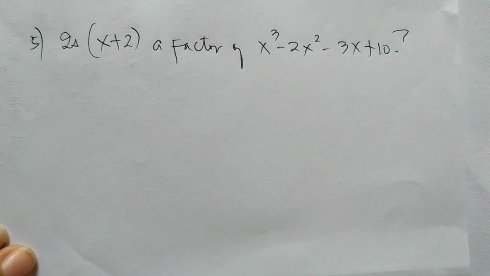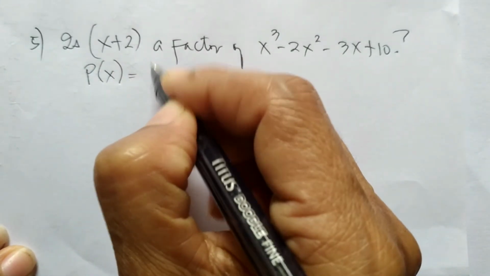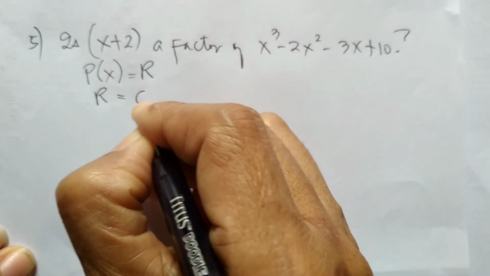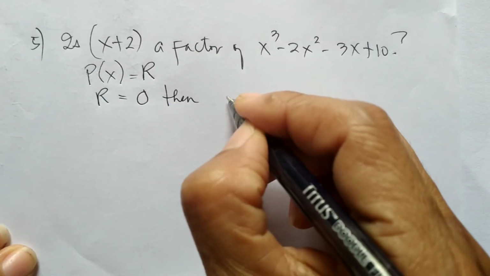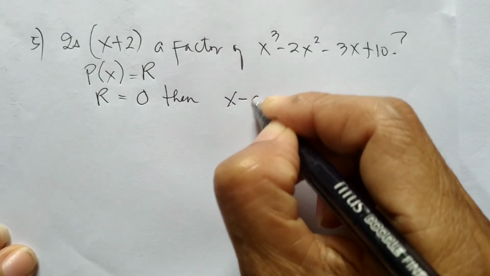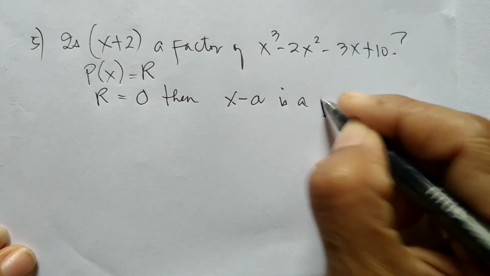Number 5: is x plus 2 a factor of x cubed minus 2x squared minus 3x plus 10? Now, you have to remember that if p of x is equal to the remainder, and if the remainder is equal to 0, then x minus c or x minus r or x minus a is a factor of the given polynomial.